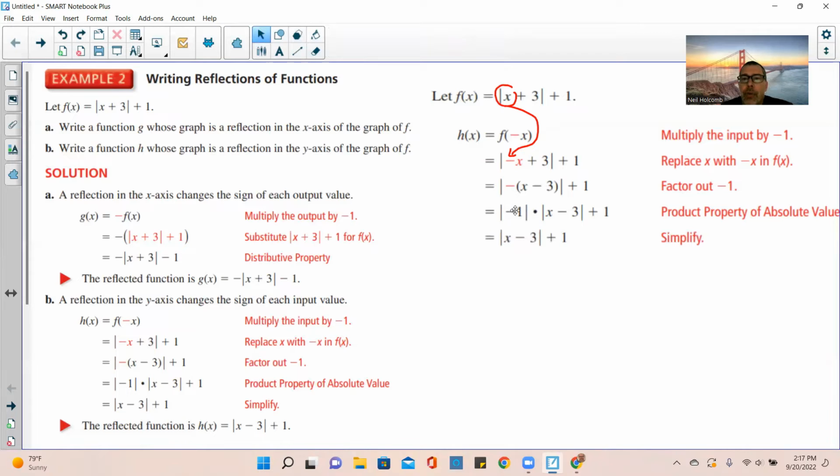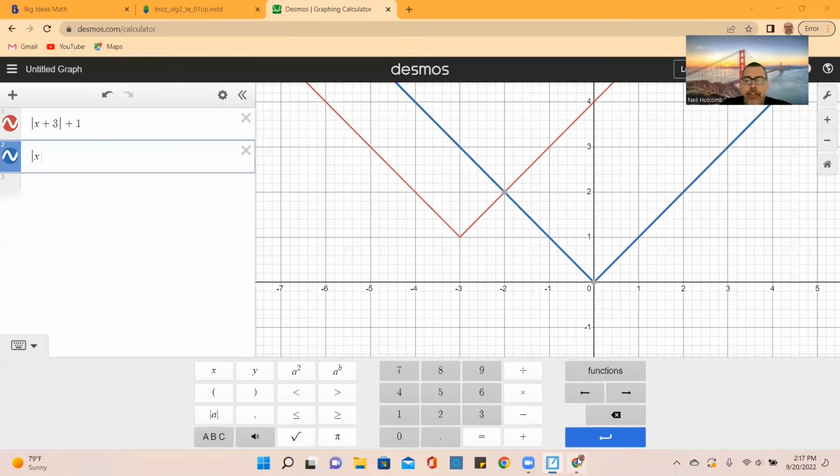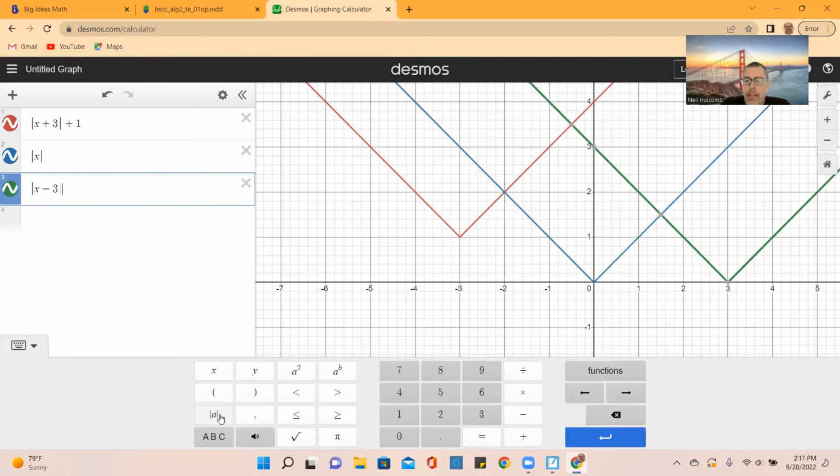So that will go away, if you will, or it's 1 times the absolute value of x minus 3 plus 1. Okay, so if I now graph that, the absolute value of x minus 3 and then plus 1 outside, this is the green one.